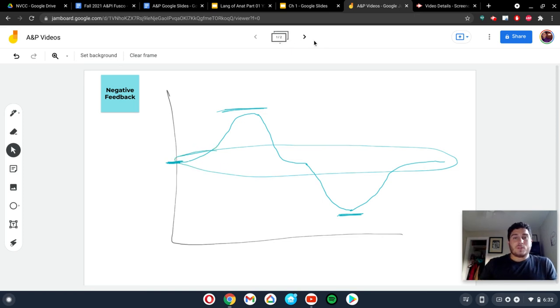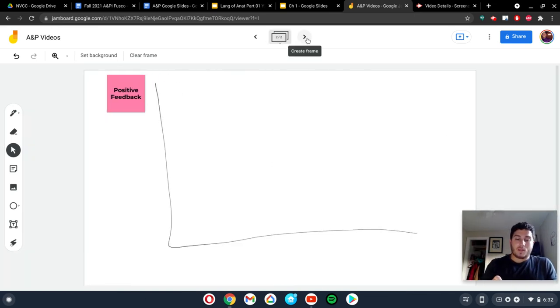Positive feedback loops are a little different. Okay, in a positive feedback loop, let's say something like childbirth, you have a set point. All right, let's go with the uterine wall, right inside of your body, right inside the uterus. Even if you've never given birth, you can hopefully understand where this is coming from.